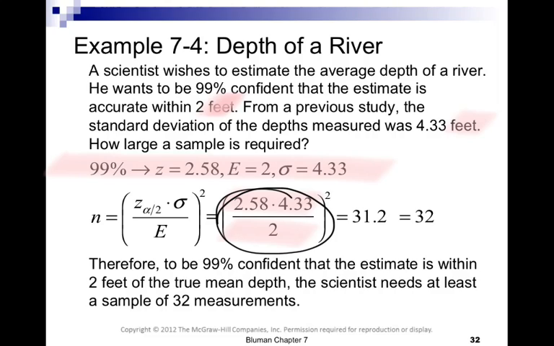We need a minimum sample size of 31.2, so 31 is underneath that. So you've got to round up so you know it includes that it's more than. You'd rather be on the safe side on a sample size. So you have to have at least a sample of 32 measurements in order to be confident that your estimate is a good one.